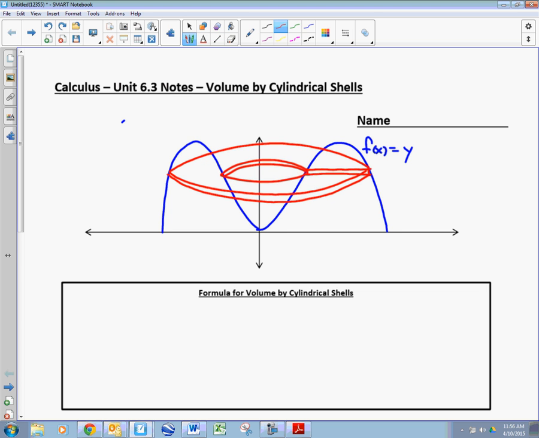The inside radius, the little radius, is the same as the outside radius, right? The inside radius is created by f of x. The outside radius is also created by f of x. So if you did pi times r squared minus r squared, they would cancel each other out. So the washer method does not work in this scenario.